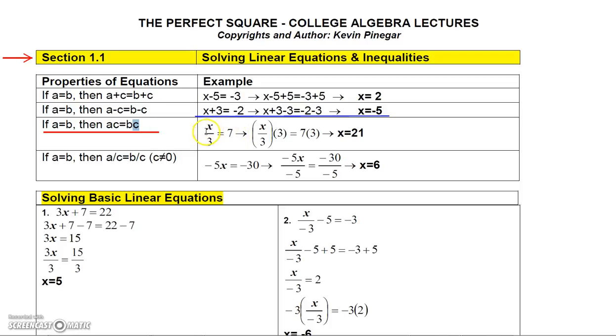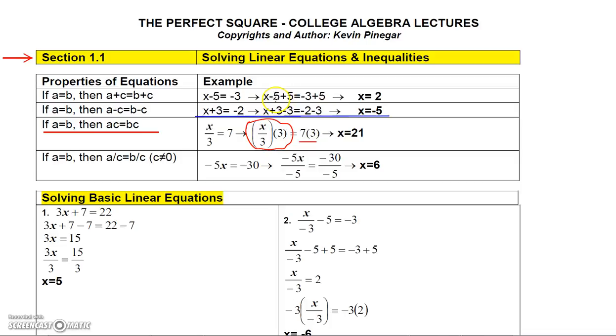Okay, so here I just took the x over 3 and multiplied it by 3, and then here I multiplied 7 by 3 on the other side. Now what happens is, of course, 3 over 3 is 1. Some people like to say that cancels, but there's really two kinds of canceling.